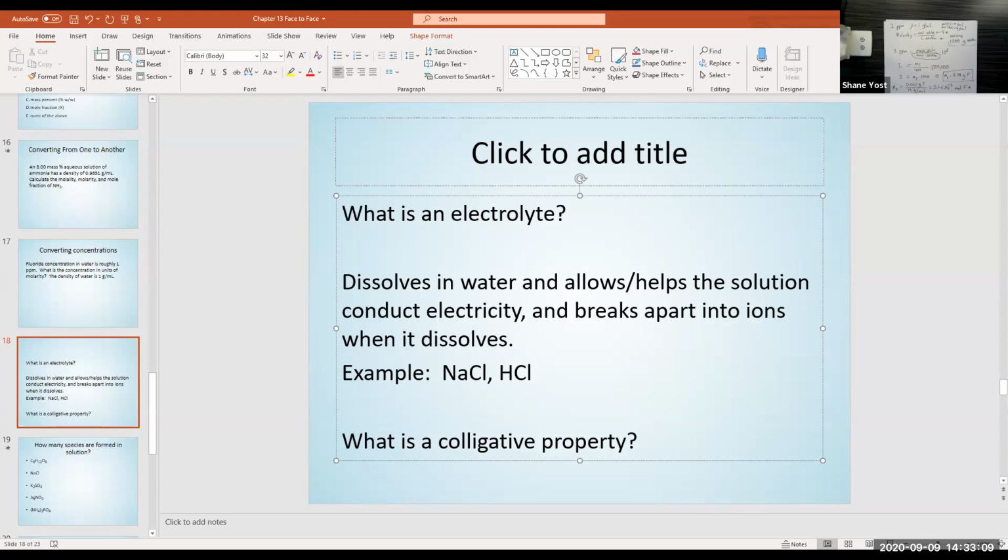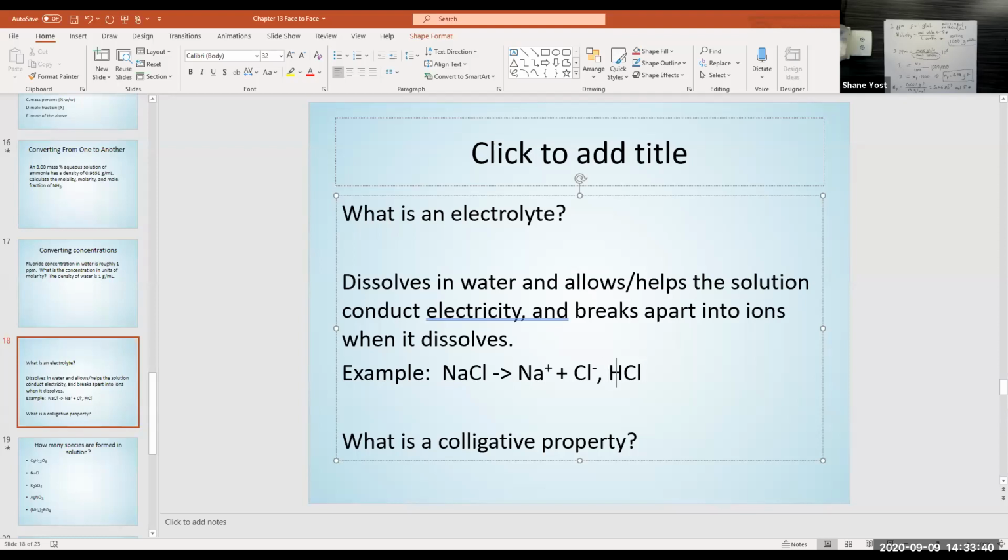So for example, sodium chloride will break apart when you dissolve it into sodium ions plus chloride ions.